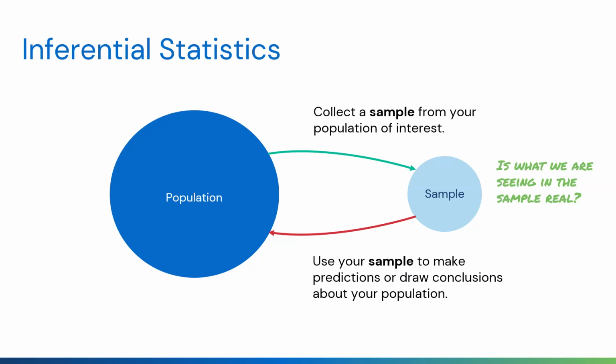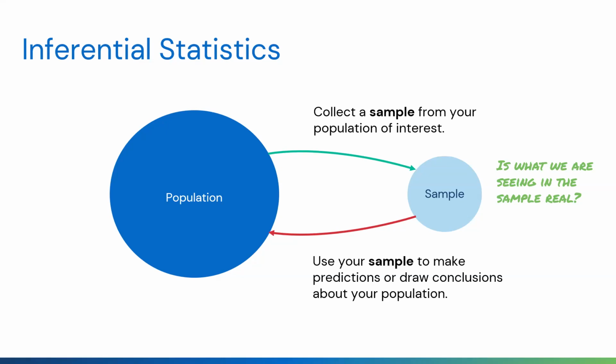And we want to just take a subset of, for example, all children from a specific high school. So we're going to take just a sample of high school children. And we're going to take that sample and use it to make predictions or draw conclusions about our population. And that is inferential statistics. We are going to make inferences. We're going to make predictions. We're going to draw conclusions.